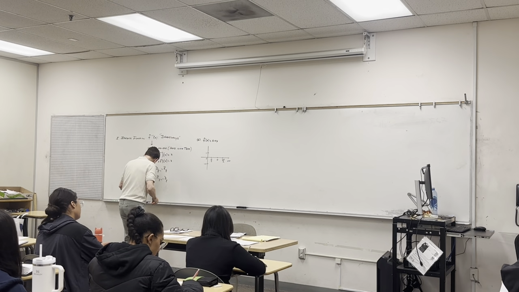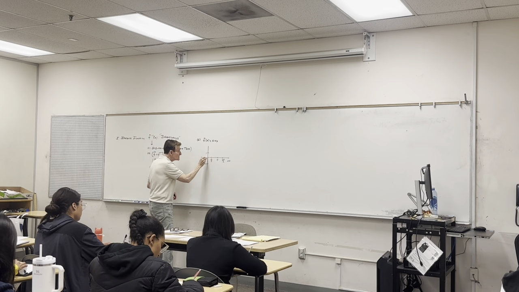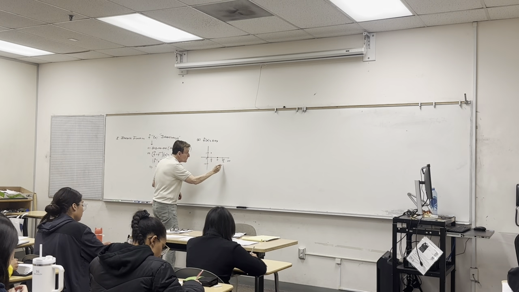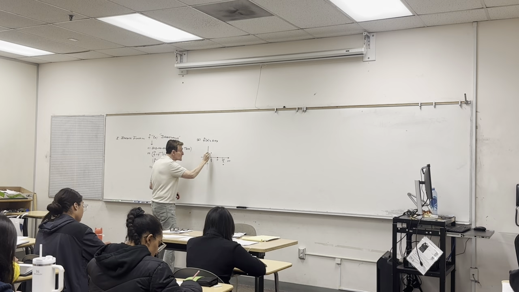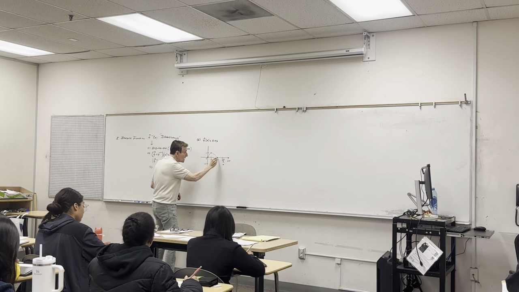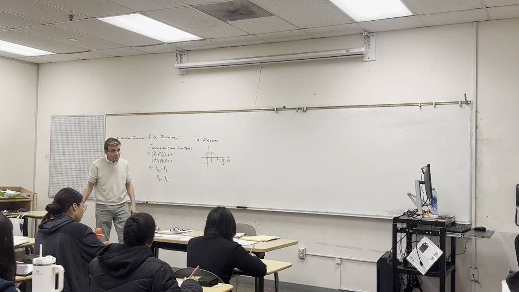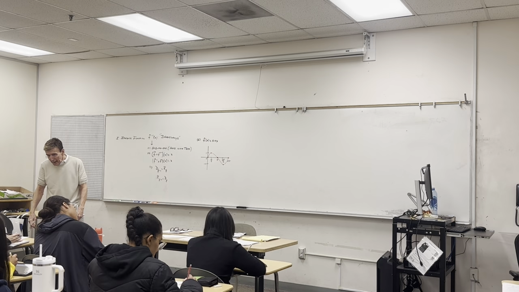Now that graph itself, for sine, starts here, goes up to 1 here at 90, 180 is here, 3 pi over 2, 270 is down to negative 1, and back to 0. It takes a shape something like this. Is that true, guys? We've seen that, of course. So that's one cycle of the sine graph.